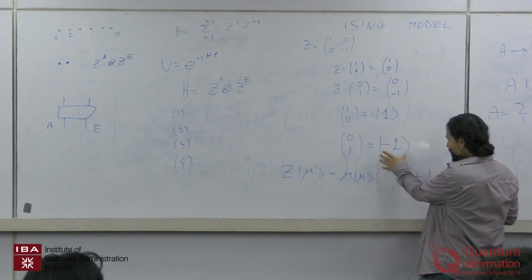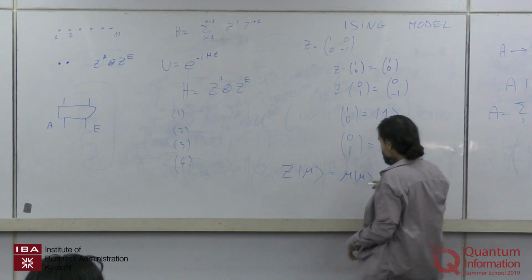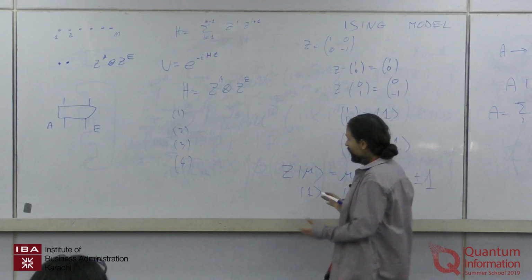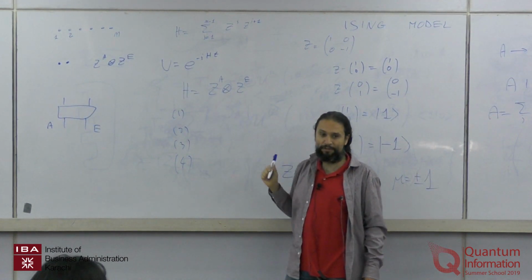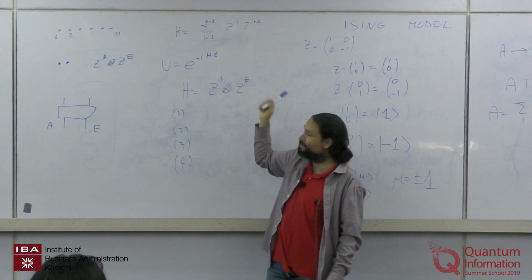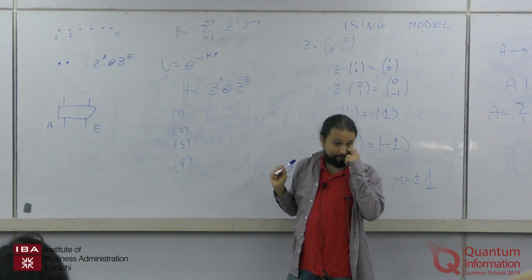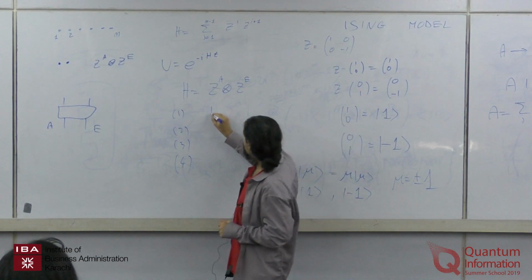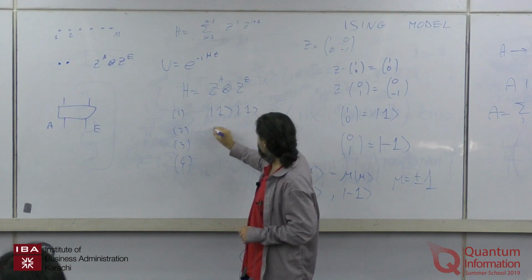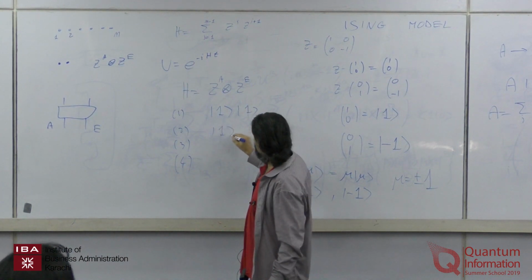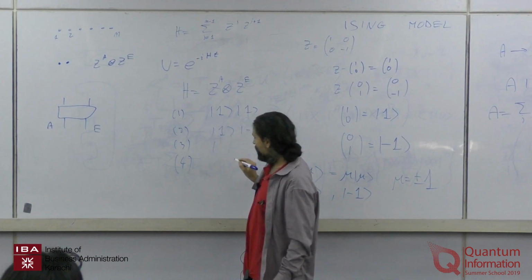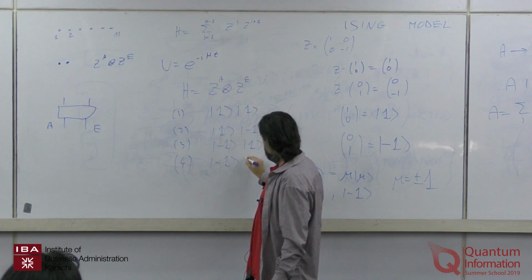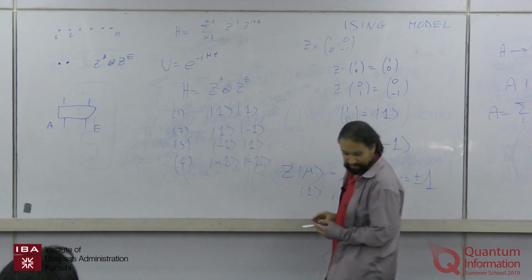Remember, for one of those, we had the two eigenvectors, 1 and minus 1. So now we will have 4 here that comes from combining the eigenvectors of this and the eigenvector of this. Tell me the first one. 1, 1, then 1, minus 1, minus 1, 1, minus, minus.